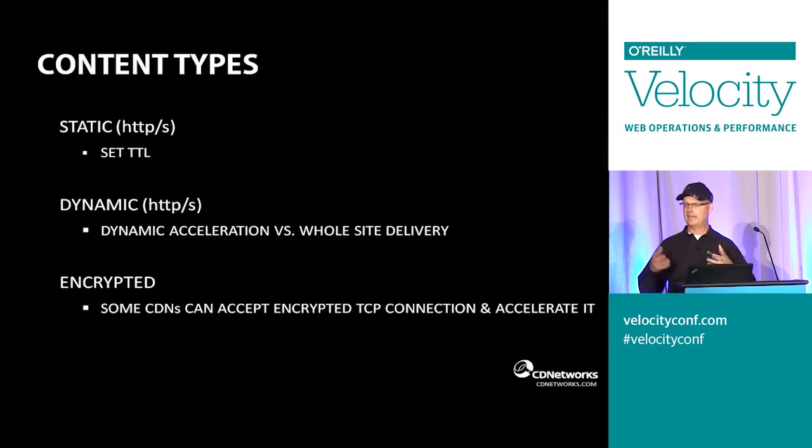In other words, it handles static traffic in the standard way, but dynamic traffic just gets passed through, so there's no acceleration there. So just keep in mind, I'm talking about the difference between a path that has acceleration on it and a path that is just being passed through.